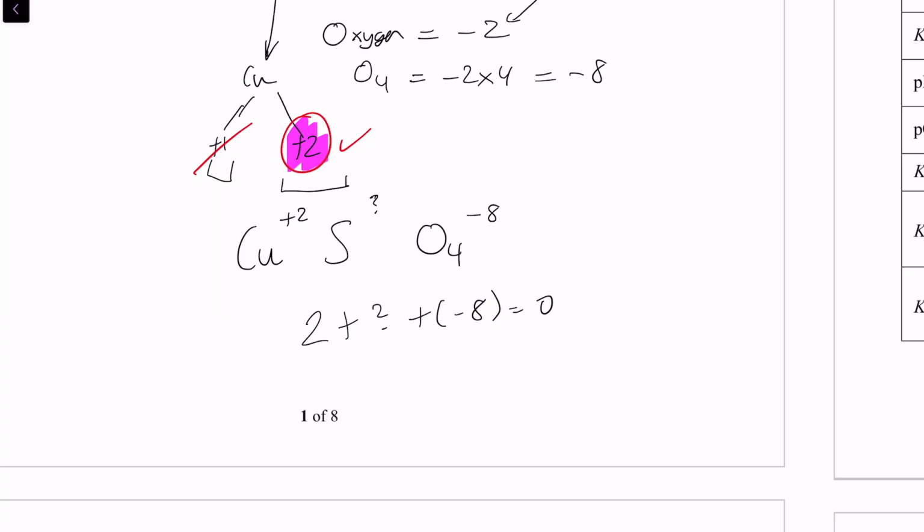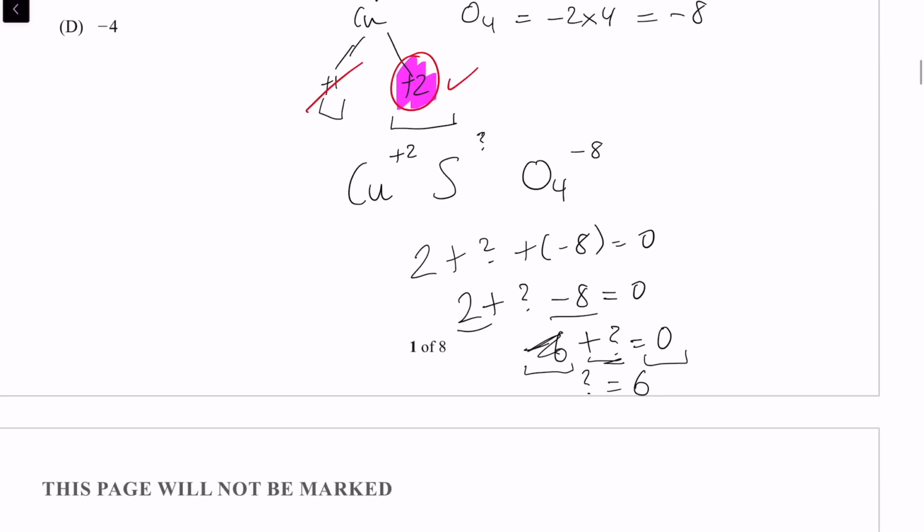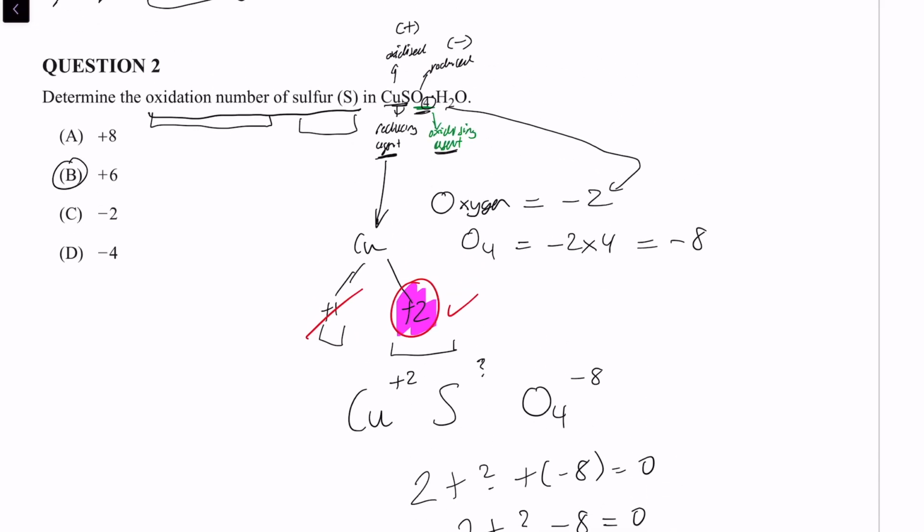So obviously this plus minus would become a minus 8, so 2 plus something minus 8 equals 0. 2 minus 8 is negative 6, plus something equals 0. And that something, if we just add 6 on both sides to get rid of this here, to leave the question mark on one side of the equation, we have 6. And that's obviously a positive 6 because there's no negatives in my answer. So the answer there is B.